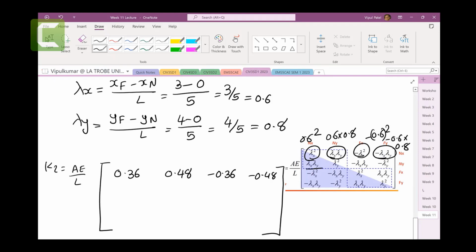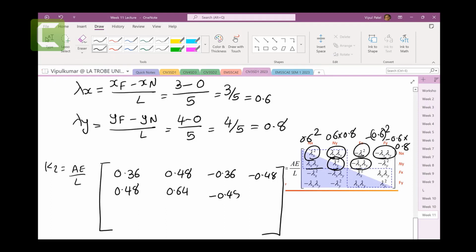And this one is minus lambda x times lambda y, 0.48. Lambda y square, which is 0.36. Oh, lambda y square is 0.64, sorry.